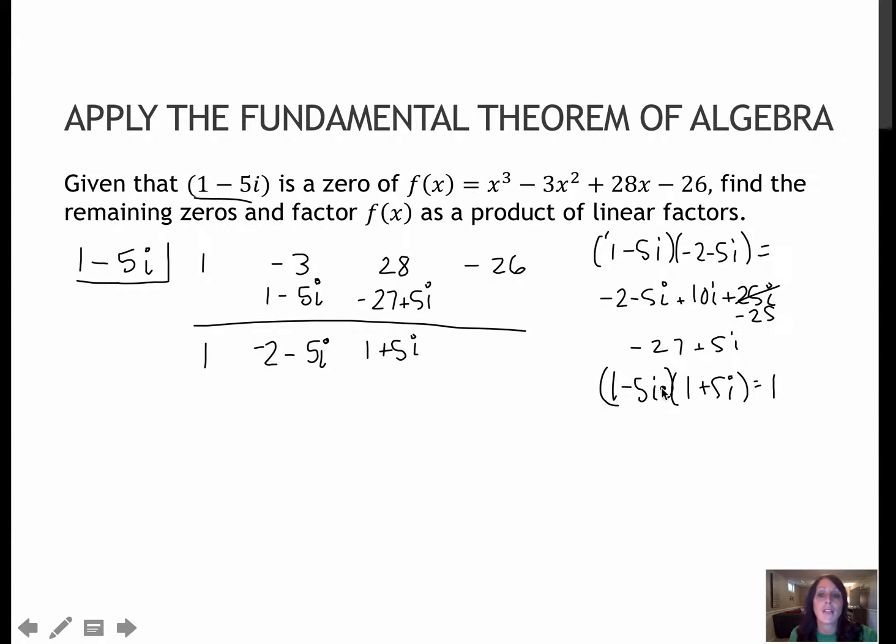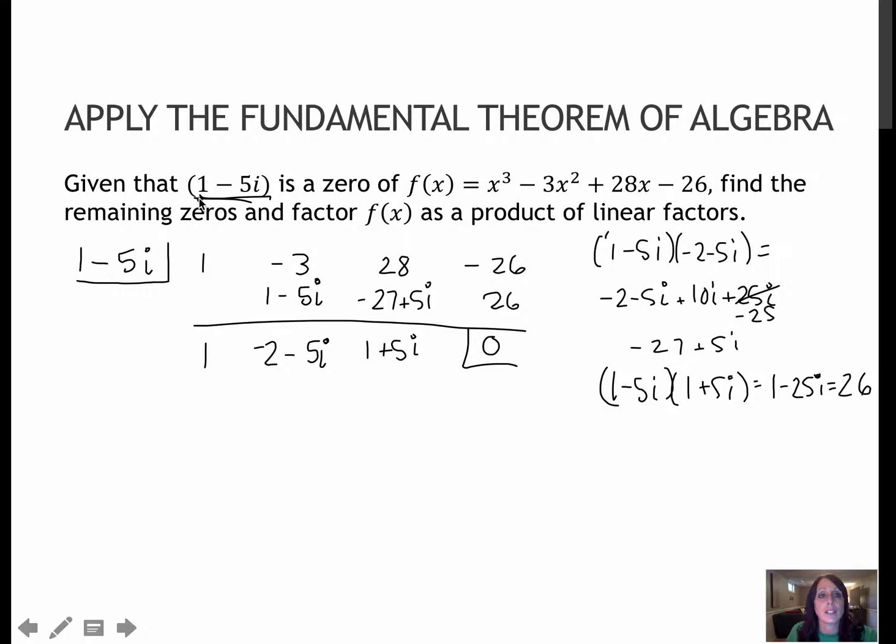I get a plus 5i, I get a minus 5i, those will cancel. And then I get a minus 25i squared. We already talked about i squared being -1, so this is 1 minus basically -25, so 1 plus 25, which is 26. If I add 26 to -26, I get 0, which is a relief because they already told me this should be a 0, which means I should get a remainder of 0.